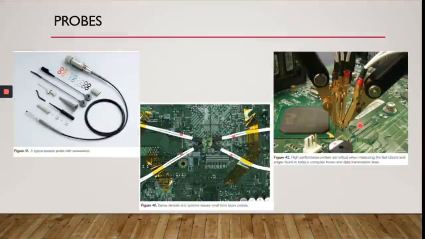Like this one, they want to measure the timing, the sequence of a microprocessor. So you can see that the probes here are made of gold, because gold is a good conductor and it's also not easy to be oxidized. It does not easily rust. So that's why it's used for this application to check the clocking time of processors.